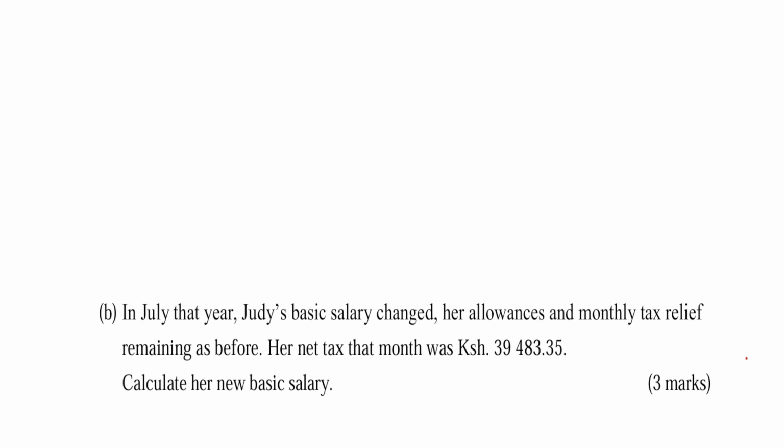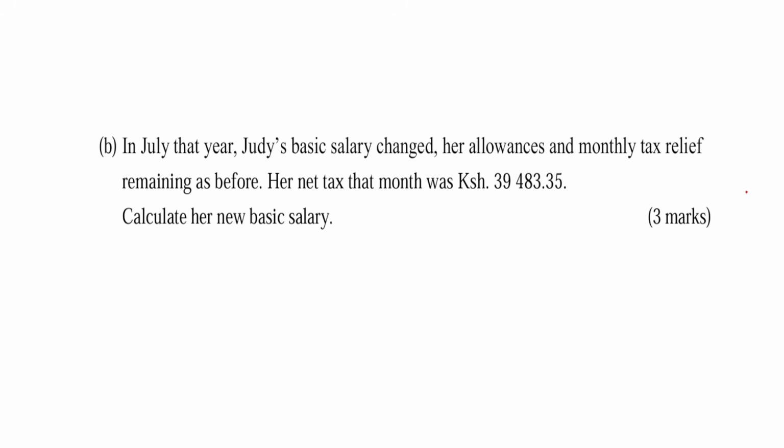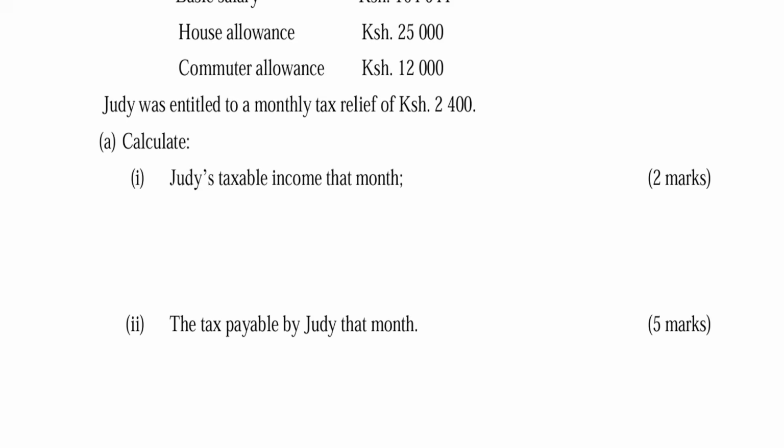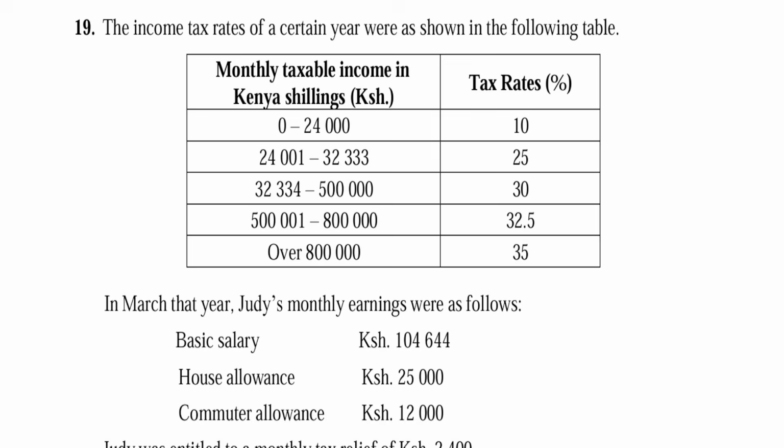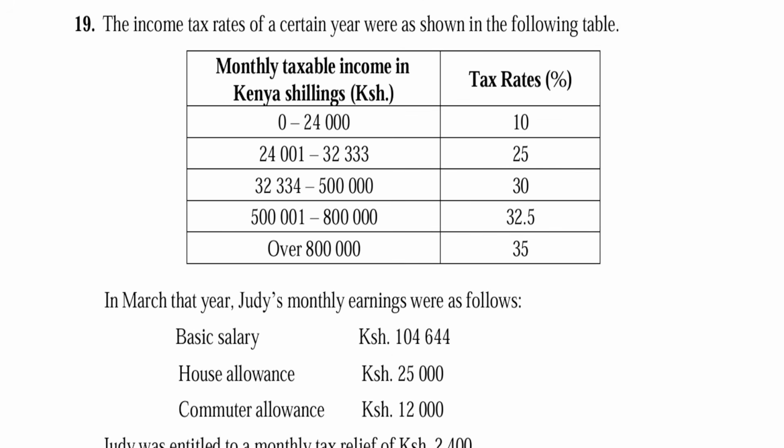Question B, in July that year, Judy's basic salary changed. Her allowances and monthly tax relief remaining as before. Annual tax that month was 39,483.35. Calculate her new basic salary. So now if you look at this, we have slabs, and for each slab we have different amounts.